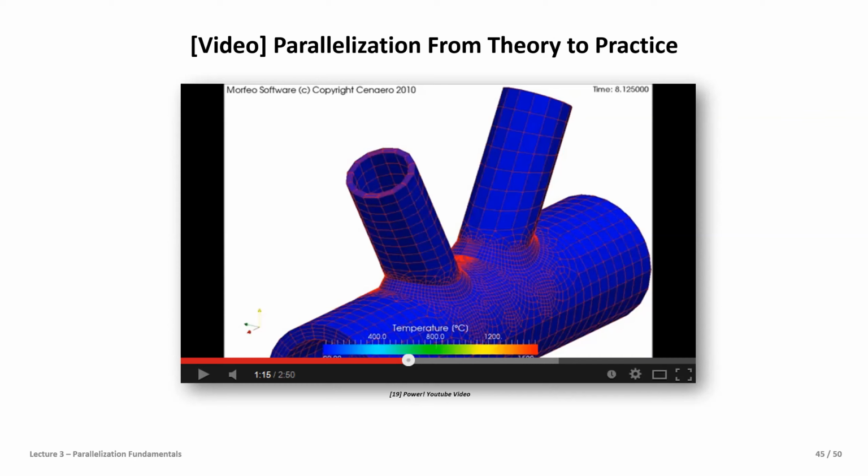I hope you learned a lot about these fundamental terms, and that going from theory to practice needs to be really considered here when I talk about the part dividable by n. Always adding more cores and throwing them at a system is not really helping. Here you see a nice example where the stress on this material in this application is concentrated around these areas.